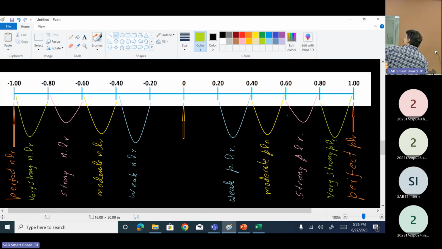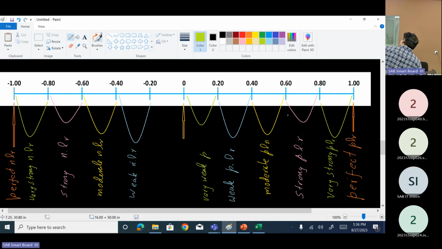Here is inner to inner. Mark 0.01 to 0.19. So if this is weak, that is very weak.